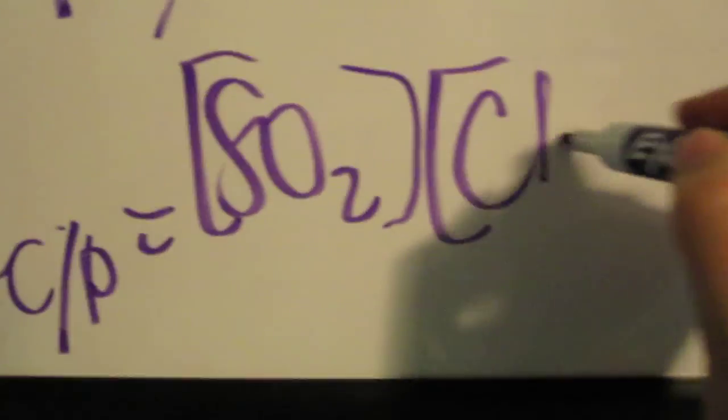So to find it, you can do Kc or Kp, doesn't matter, equals SO2 times Cl2 all over SO2Cl2. In most of the problems they'll give you a K and you can just plug them in.